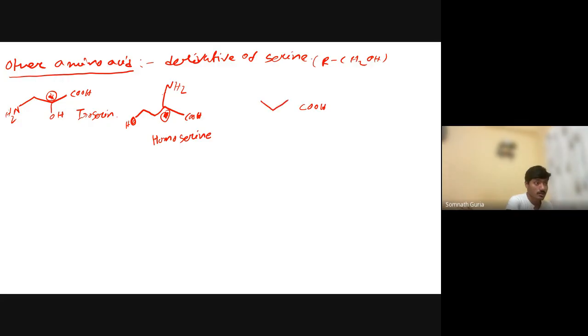This will be my structure, and here is the OH group, and here is the NH2 group, and this will be my CH3. This is called isothreonine.